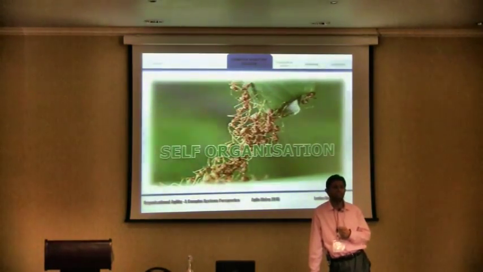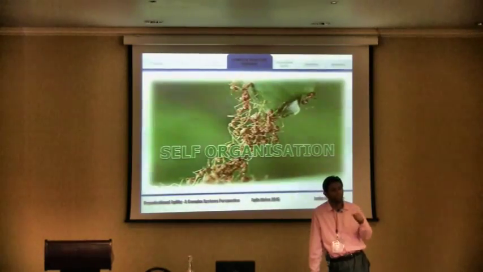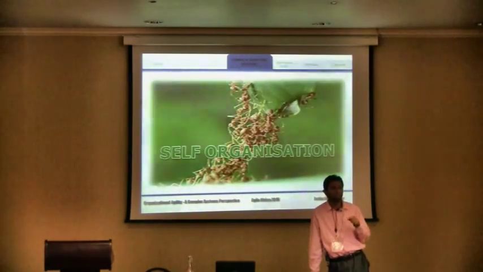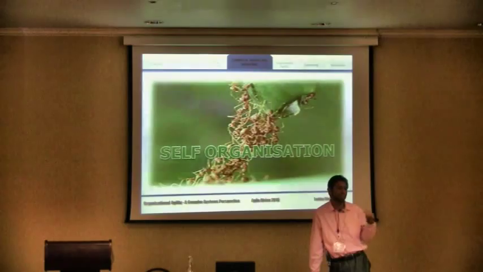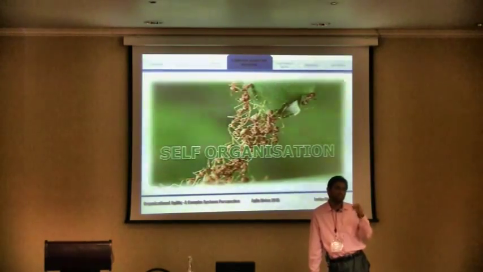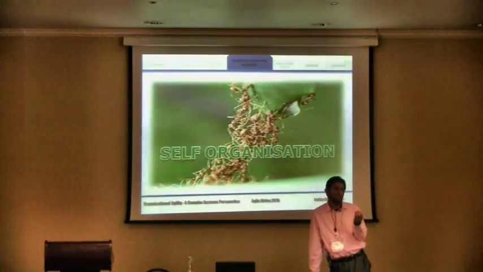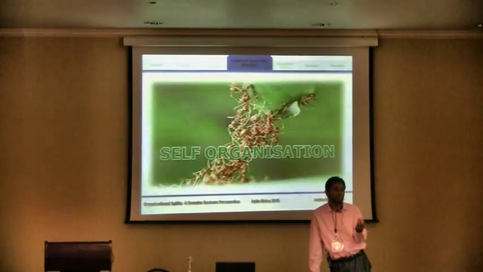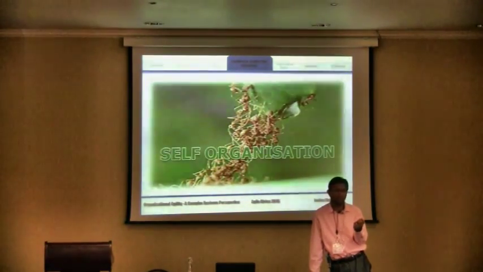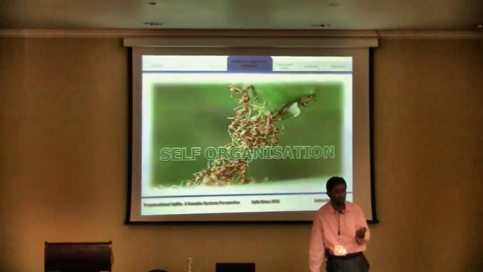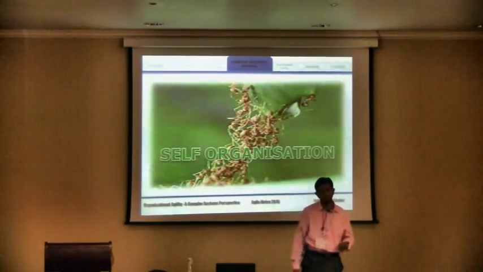Self-organizing teams have the ability to make their own decisions, the ability to morph their own structures and processes. These are teams that belong in a single locus of control. There's no management hierarchy. There are no ladders, as Aslam pointed out before. There are no ladders around in an agile organization.